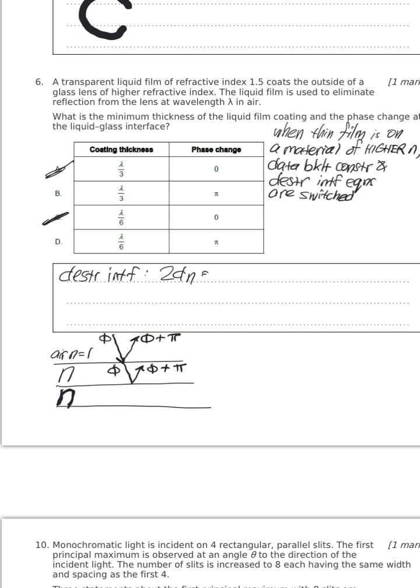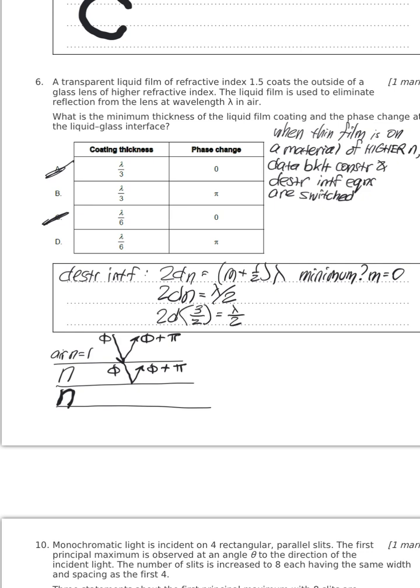So destructive interference is 2dn equals m lambda. No, it doesn't, because as I said, once again, they switch because I'm on glass. So that's 2dn equals m plus 1/2 lambda. And the minimum thickness would just be 1/2 with an m of 0. And it says that the liquid film has an index of 1.5, and we're trying to solve for d.